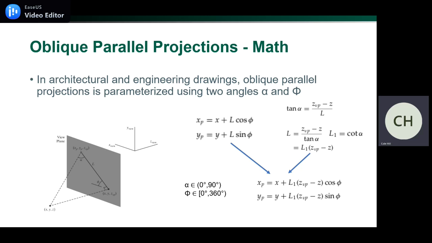In architectural and engineering drawings, the oblique parallel projection is parameterized using two angles, alpha and phi. Using these two angles, you can use these equations, and they produce these projection coordinates x sub p and y sub p. But these are somewhat archaic to me, so I'm going to break these equations down for you real quickly.